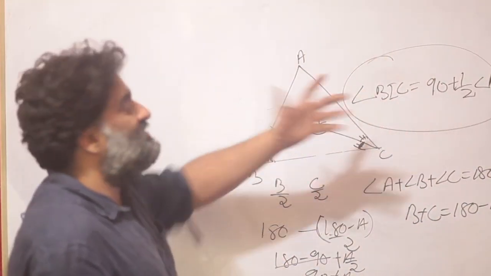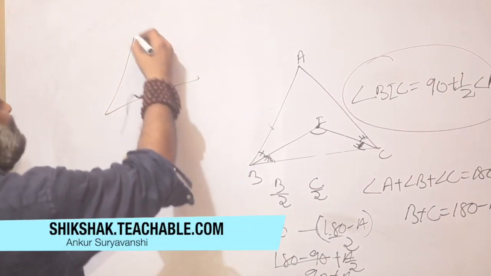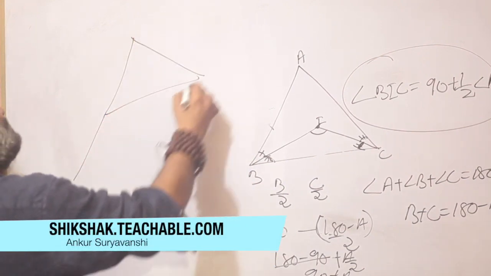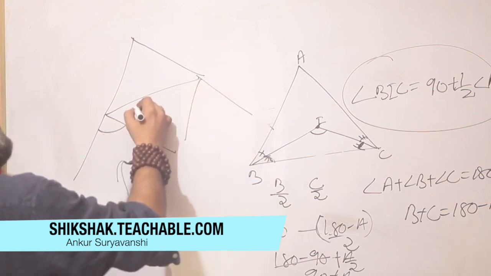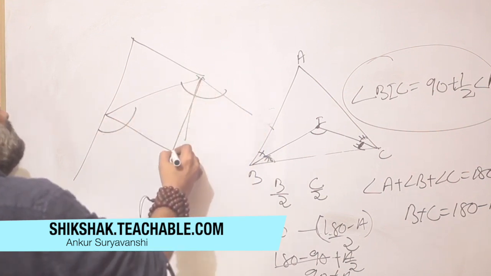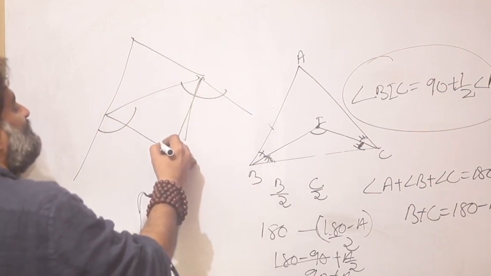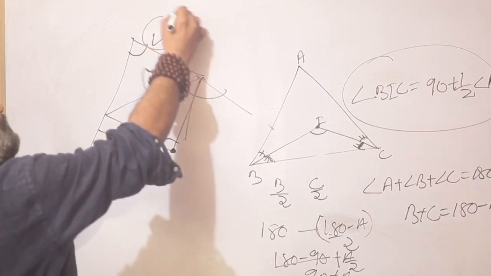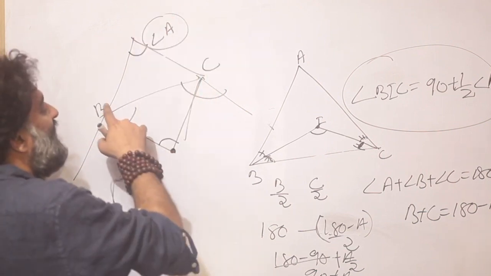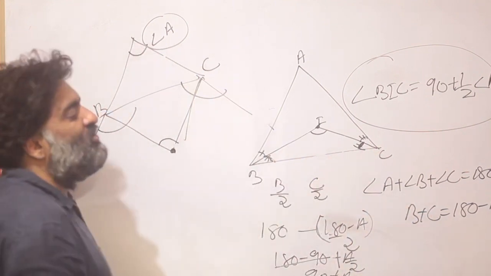Not only this result, we worked on a very similar problem earlier where we had a triangle and we extended the sides, and these two angle bisectors for this angle and for this angle meet at this point, and we derived the relationship between this angle and once again angle A. So find the relationship between angle BOC and angle A, and a very similar process is going to work for you.